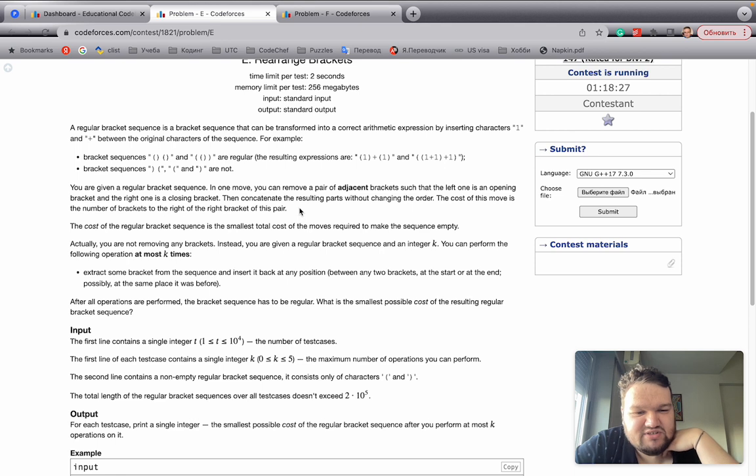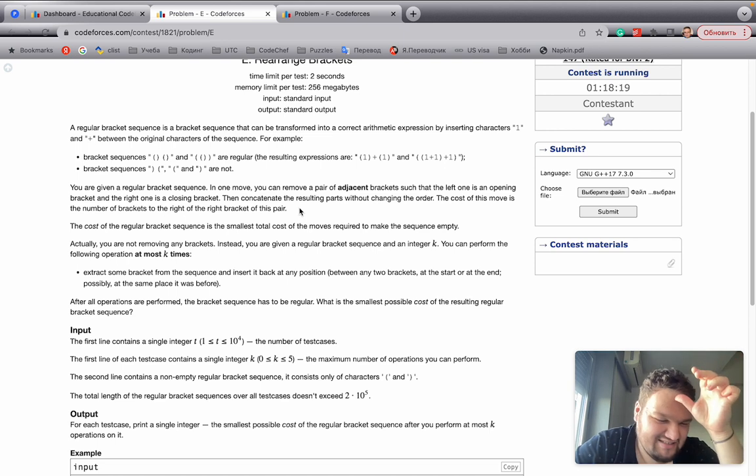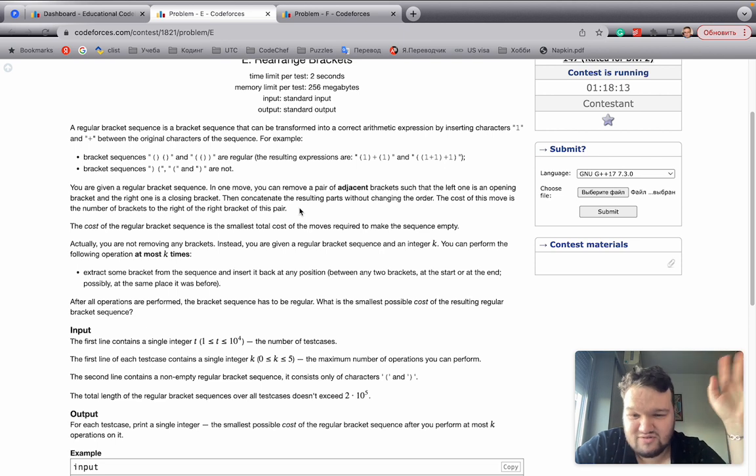That sounds like a sum of balances or something, like the sum of values of balance for all closing brackets. Actually, you're not removing any brackets. Instead, you're given a regular bracket sequence and an integer k.